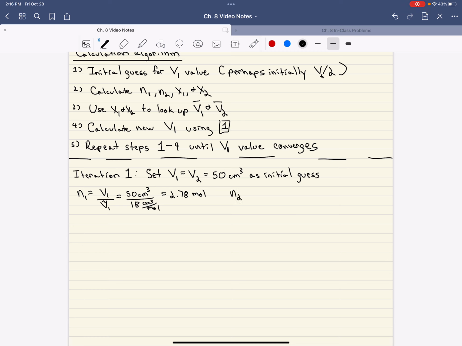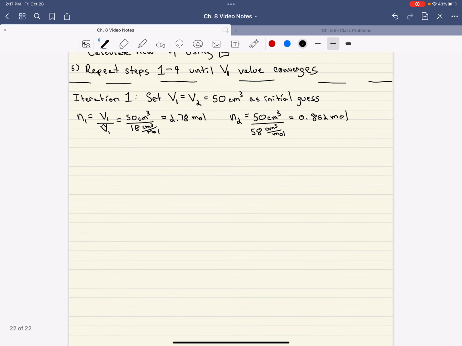Then for N2, it's going to be 50 centimeters cubed divided by 58 centimeters cubed per mole, which is equal to 0.862 moles. Now that we have N1 and N2, we can calculate total N.